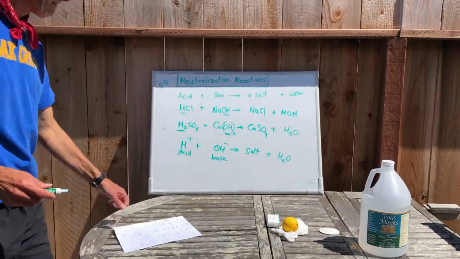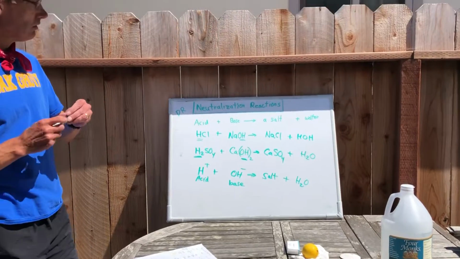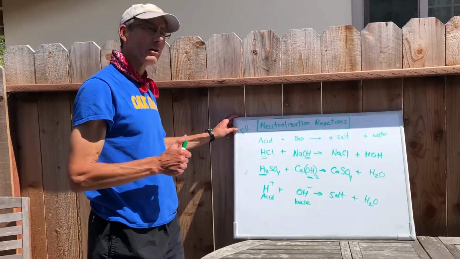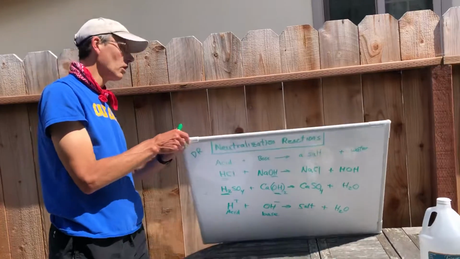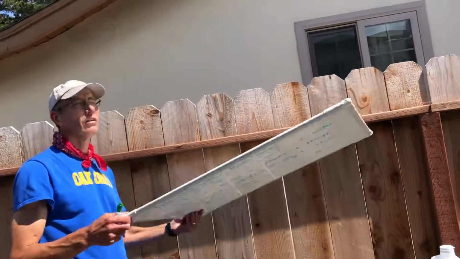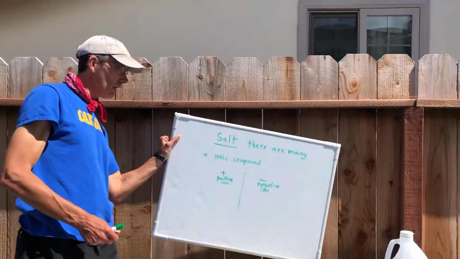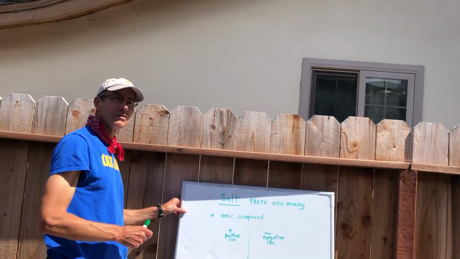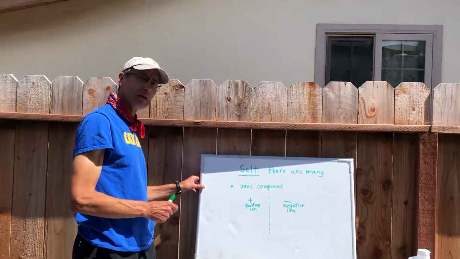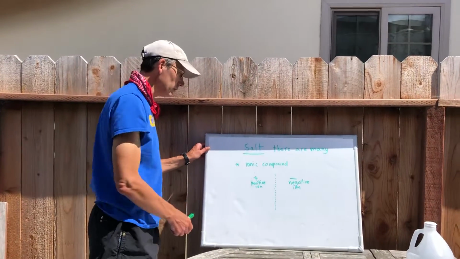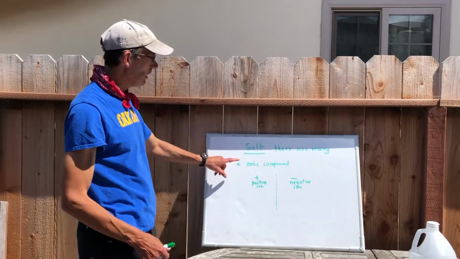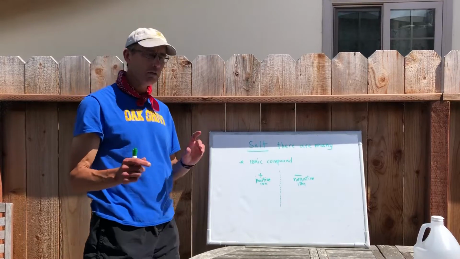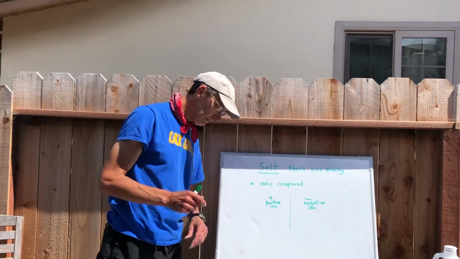Okay. So just another thing to talk about is to remind you what a salt is. Everybody knows what salt is on the table, salt and pepper, but not all salt is sodium chloride. There are many, many thousands of salts, at least hundreds of them. And remember, a salt is an ionic compound that's made up of a positive ion and a negative ion.